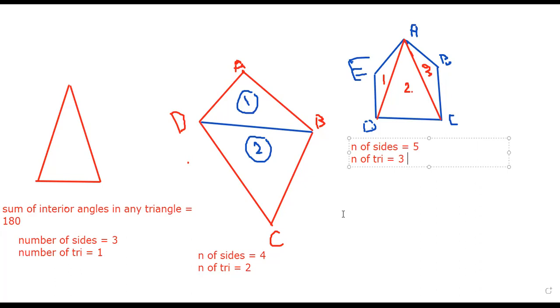Then if I now have a figure consisting of 10 sides, how many triangles? 8 triangles. Very good. So we will have 8 triangles. Okay, Abdurrahman, don't answer.